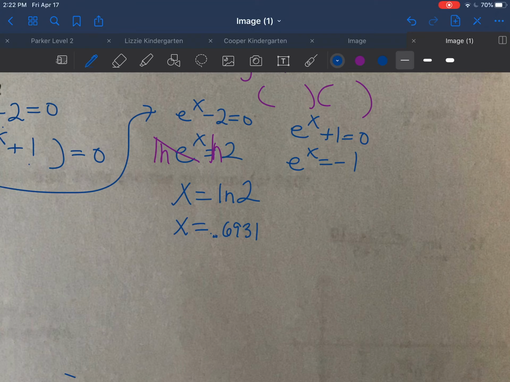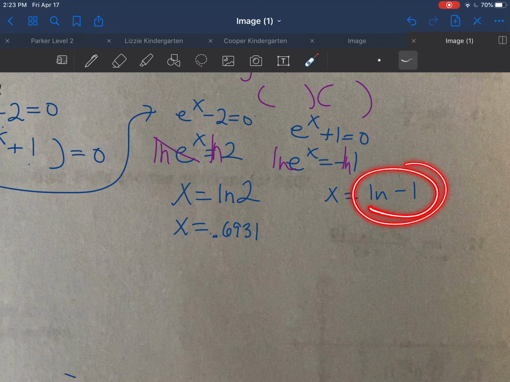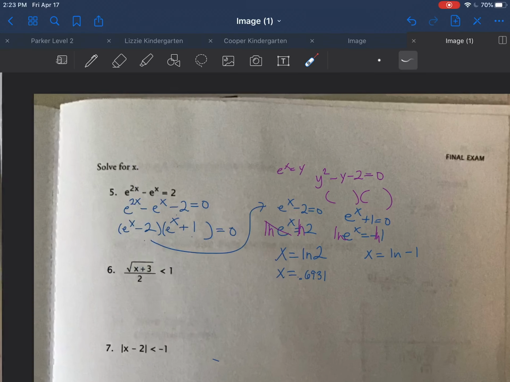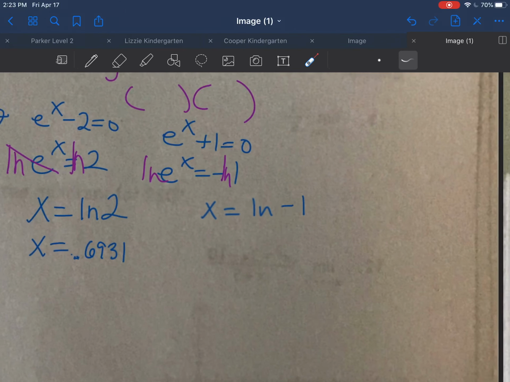Over here, if we do the same thing and take the natural log, we would get e to the x. Just kidding, we would not get that. We would get x equals the natural log of negative 1. You cannot take the natural log of a negative number, nor can you take the log of a negative number, because if you remember my graph up here, somewhere, oh, that was on a different page.